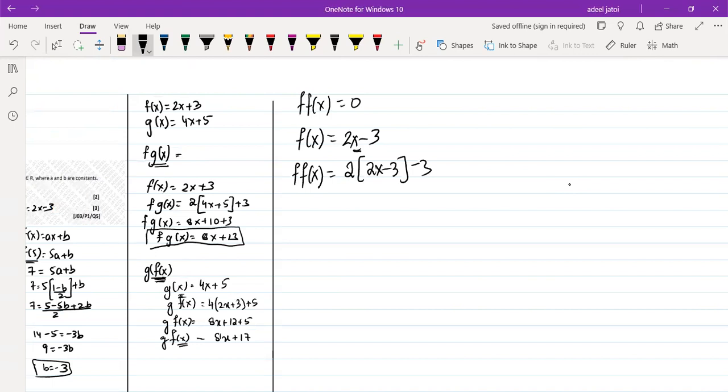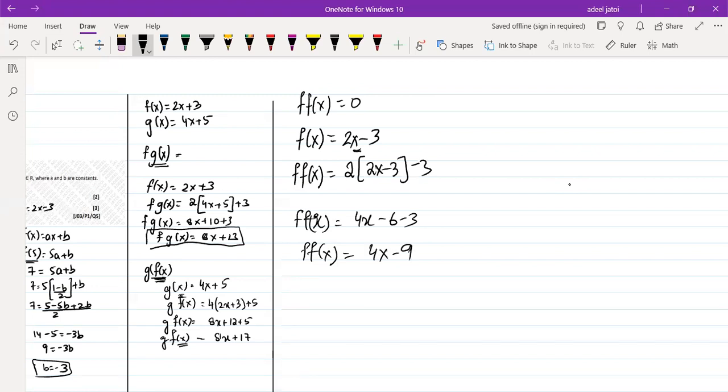Considering this, f(f(x)) will become what? 4x minus 6 minus 3. f(f(x)) will become 4x minus 9.